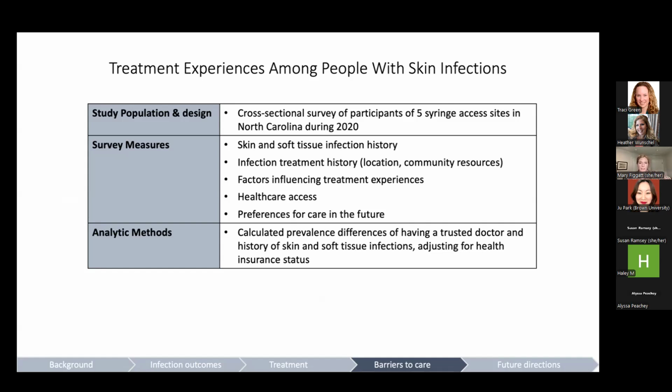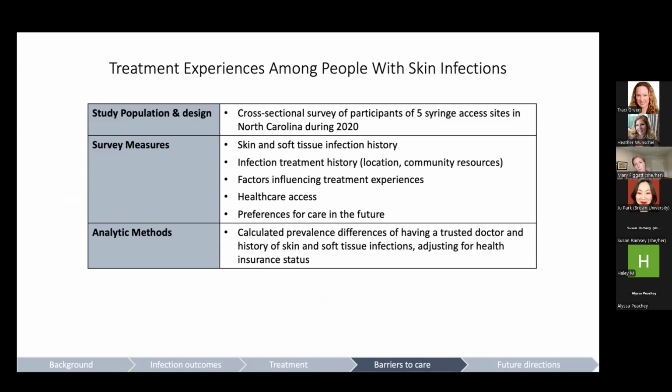Some of the study questions were really about getting a sense of what barriers to care people had, and what sorts of treatment approaches they were currently using at that time. The survey collected different things like skin and soft tissue infection history.